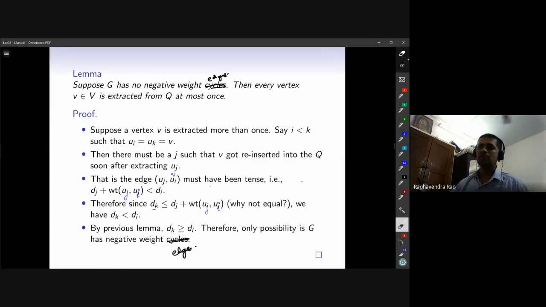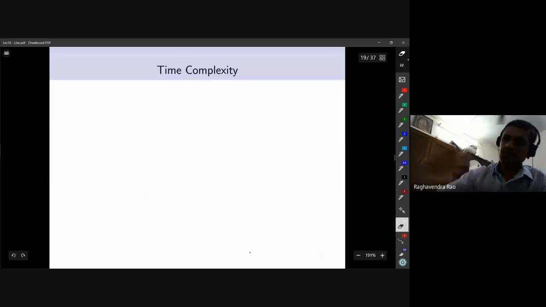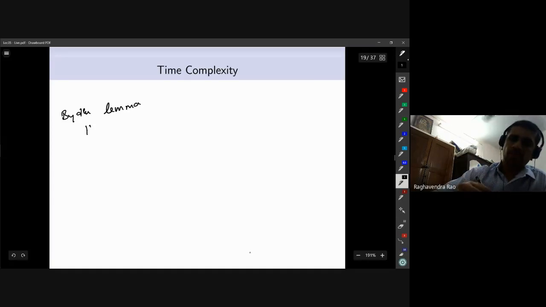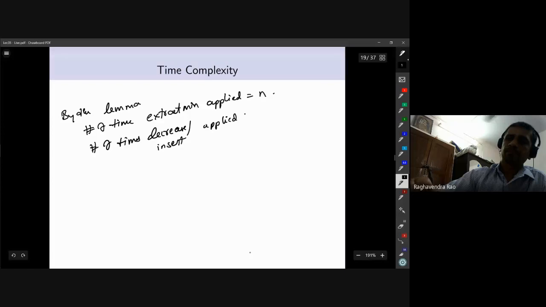So this immediately gives us the time complexity. By the previous lemmas, the number of times extract-min will be applied is n, and the number of times decrease-key or insert is applied will be m.